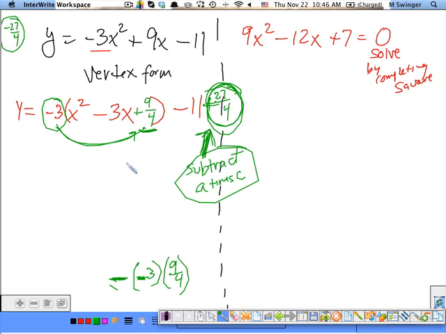Now the calculator does the work for you. Okay? Negative 3, this is a square, x minus 3 halves squared. The calculator does negative 11 plus 27/4. Enter math frac. And what is your answer? I don't know. Jordan?